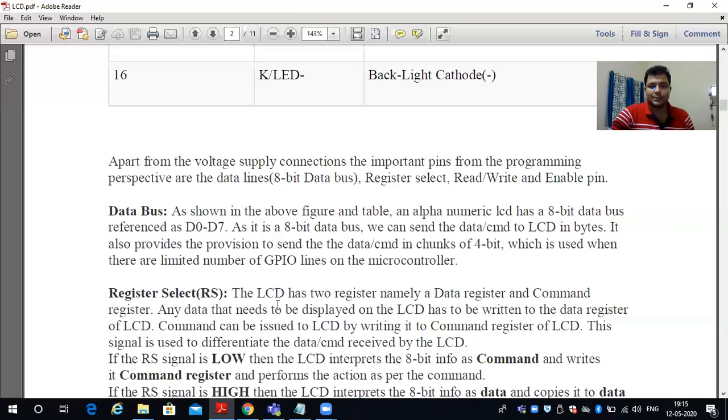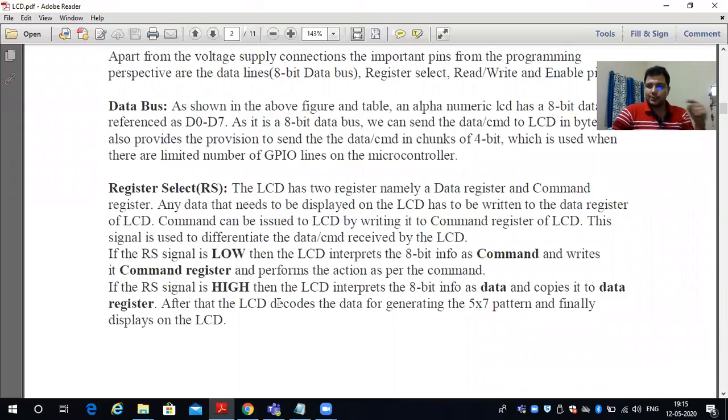Now we will go to the register select. Register select is a control line, which comes under the control line categories. As I have already discussed, there are two types of registers: data register and command register. Because there may be two options: we want to send certain commands to control the display unit.